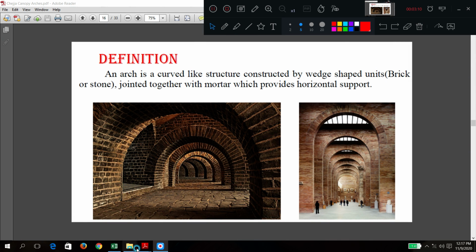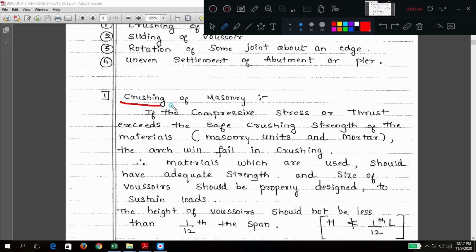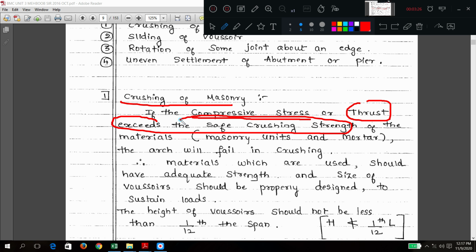So what is written there? We have seen the things, no? Crushing of the masonry. Here, what is happening? If the compressive stress, or we call it thrust, exceeds the safe crushing strength of materials, which we call visors or units or mortar, then it leads to crushing.